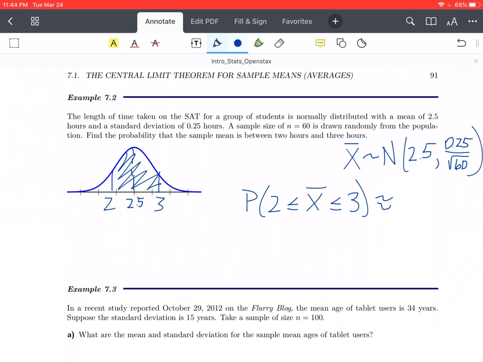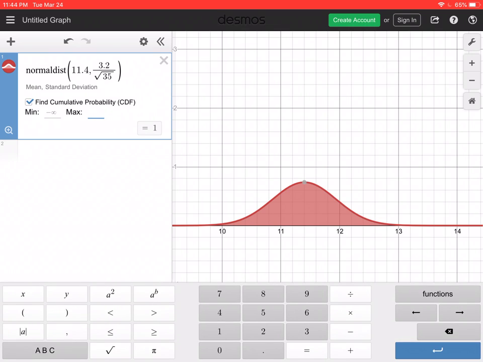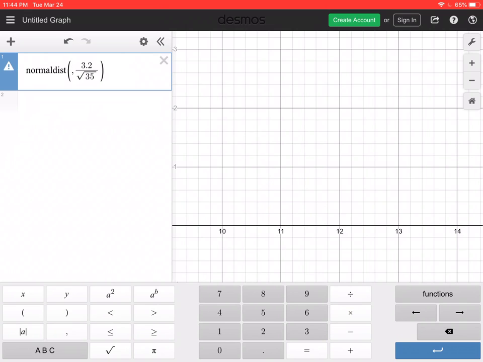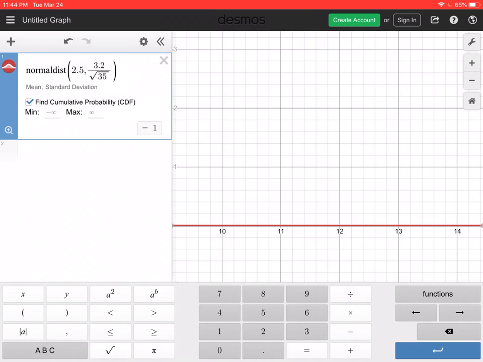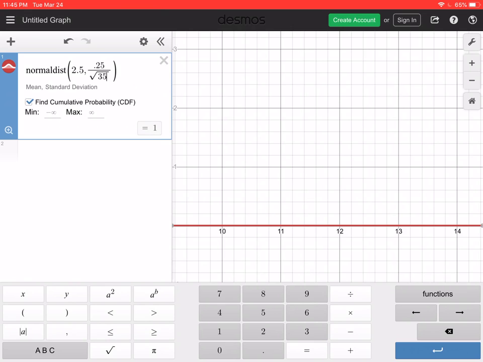All right, let's plug this into Desmos. I already have the framework set up here, so let's hang on to the function and just change the values within it. Our mean in this case was 2.5, and our standard deviation was 0.25 over the square root of 60.